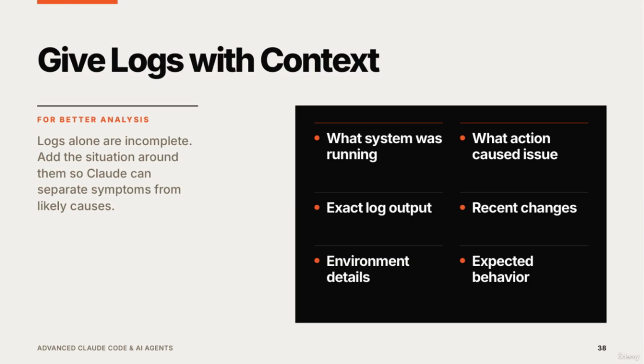Finally, clearly stating the expected behavior helps differentiate between normal operation and actual issues. By giving logs this kind of context, tools like Claude can better separate symptoms from likely causes, making the troubleshooting process much more efficient. This approach is especially powerful when combined with advanced Claude Code and AI agents.